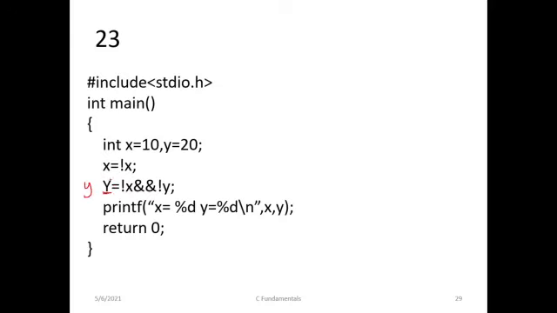Suppose if you are typing this capital Y, then it will pop up an error message that this capital Y is undefined. We have not declared the capital Y at all.